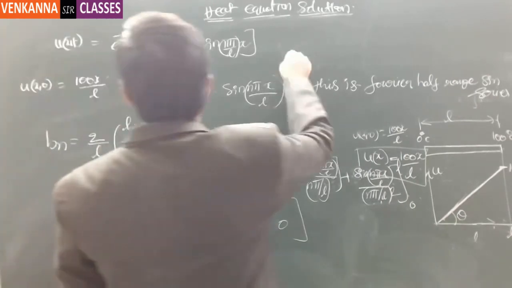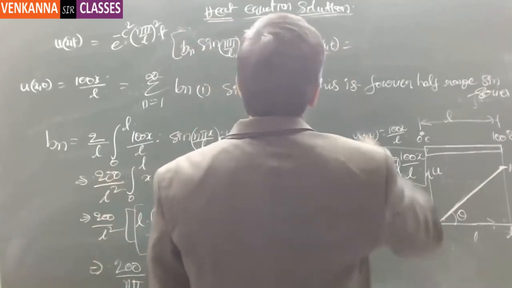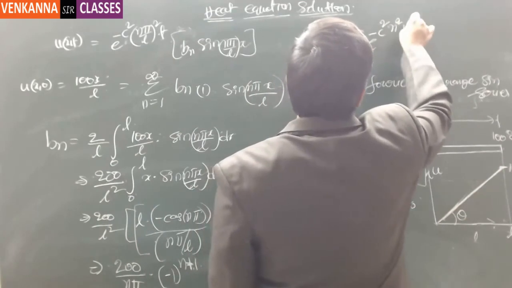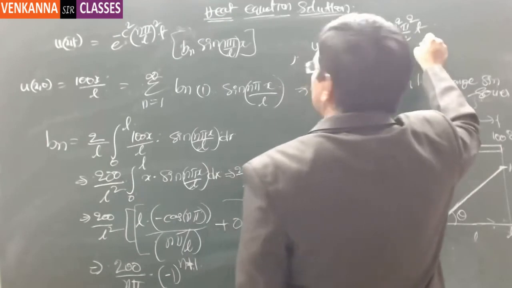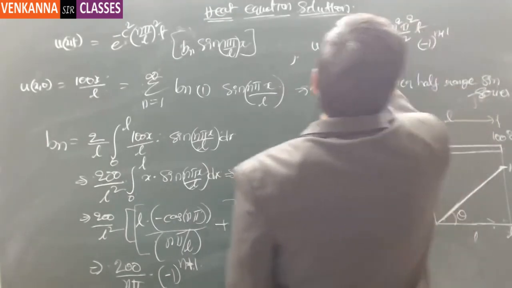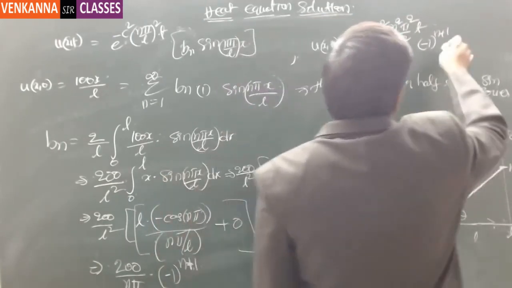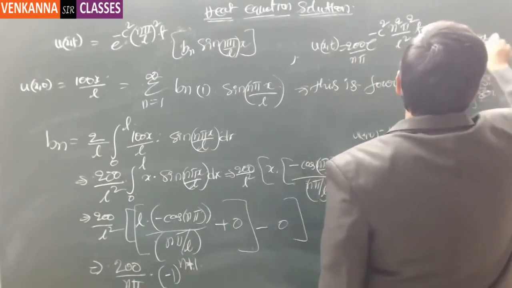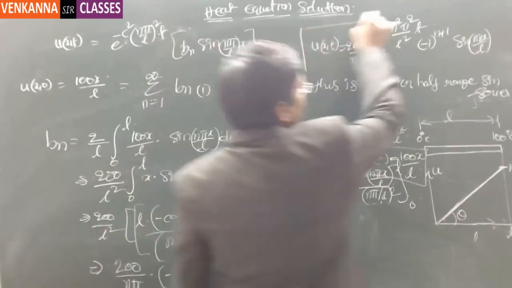The final solution is going to be u of x comma t equal to e power minus c square n square pi square by L square into t, into minus 1 whole power n plus 1, into 200 divided by n pi times sine of n pi x by L. So this is the distribution at any time and at any displacement for the temperature.